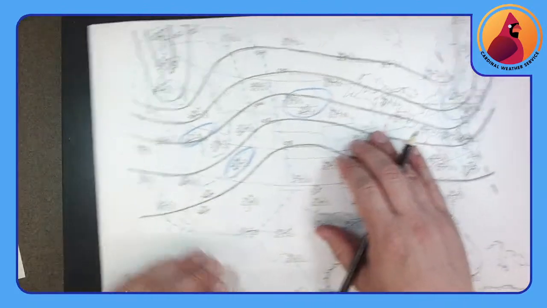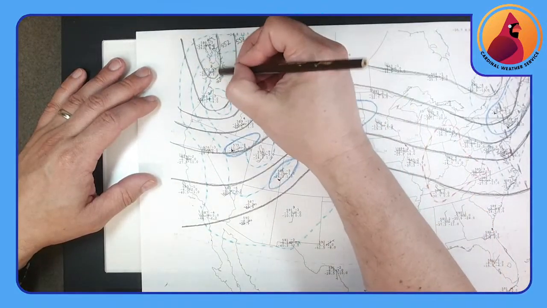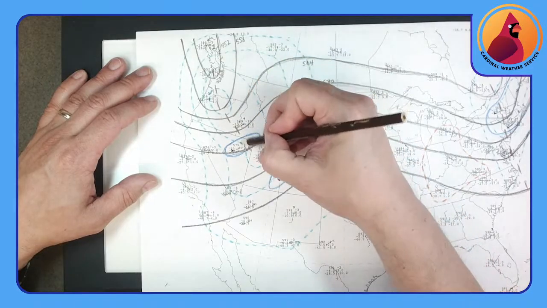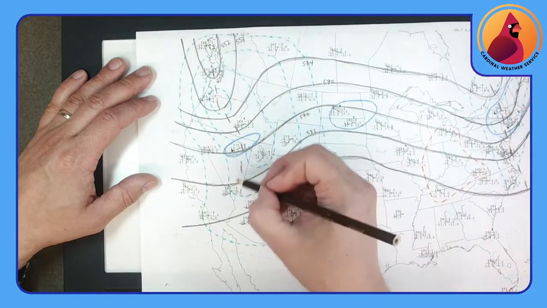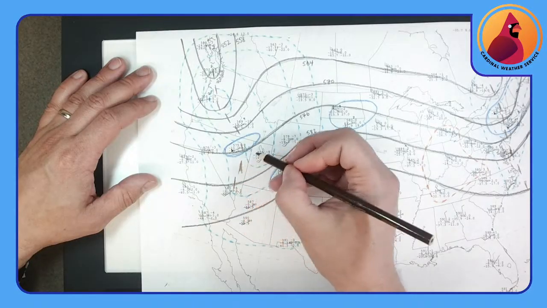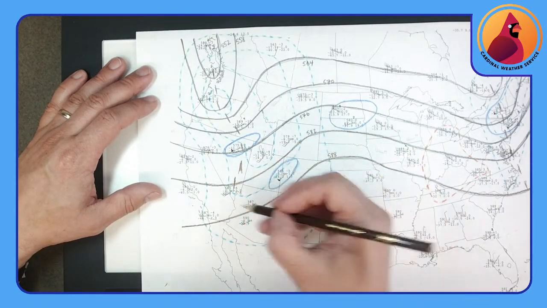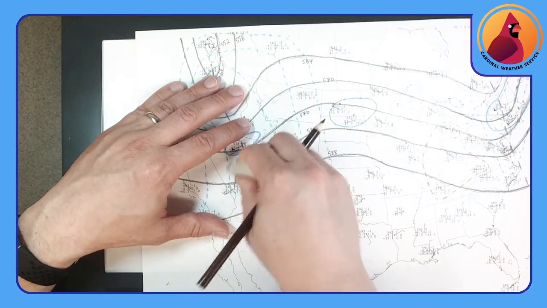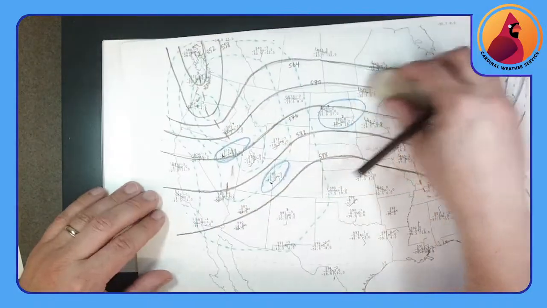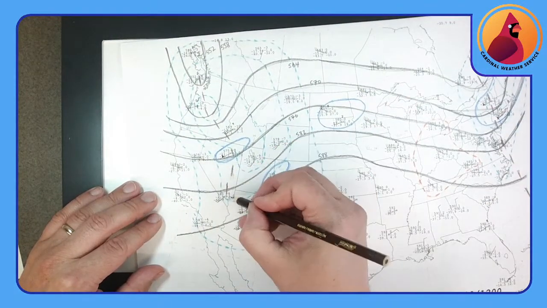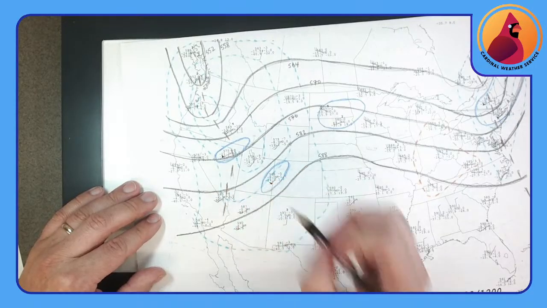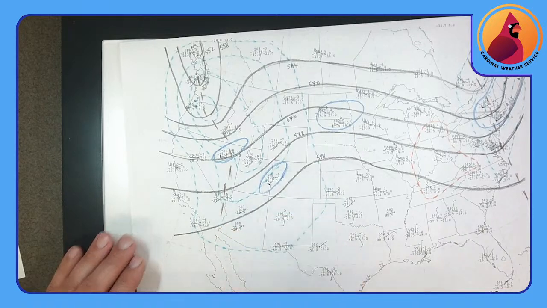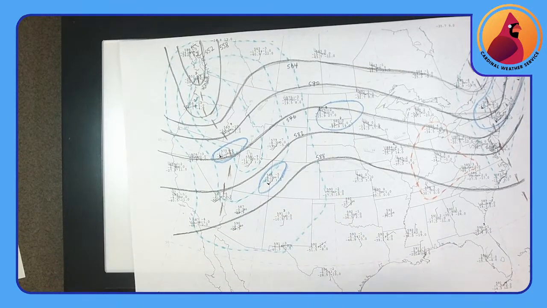And out west we have a trough. And here-ish. Could extend down here.